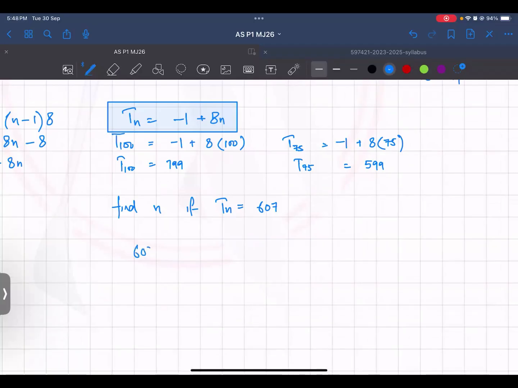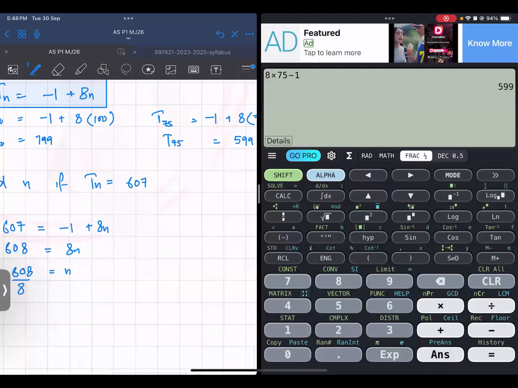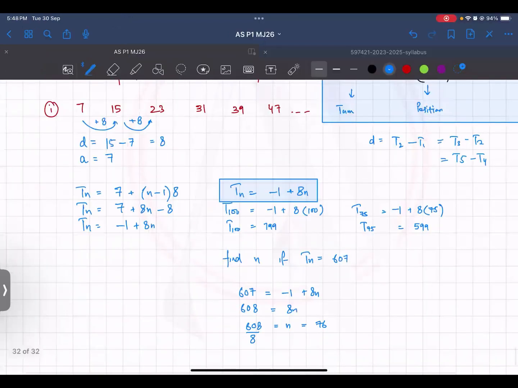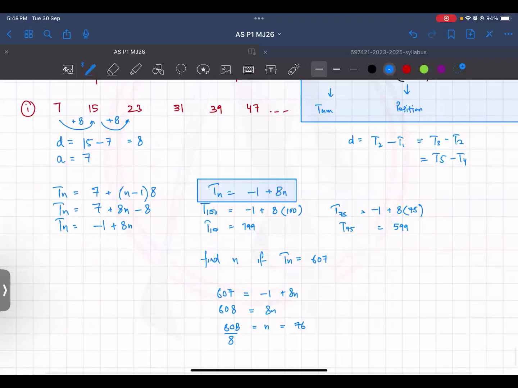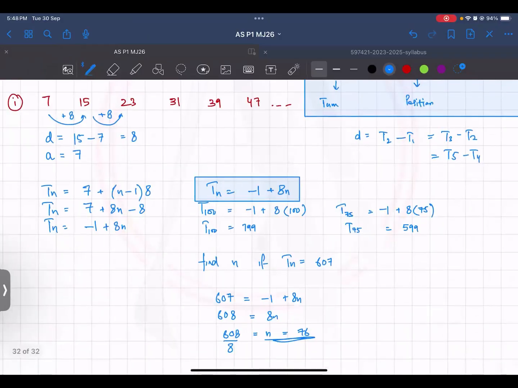So 607 equals minus 1 plus 8n. Minus 1 goes to the other side and is added, so 608 equals 8n. So n would be 608 divided by 8, which is 76. Now you found the value of n, the position. So the 76th term in this same sequence has the value of 607.